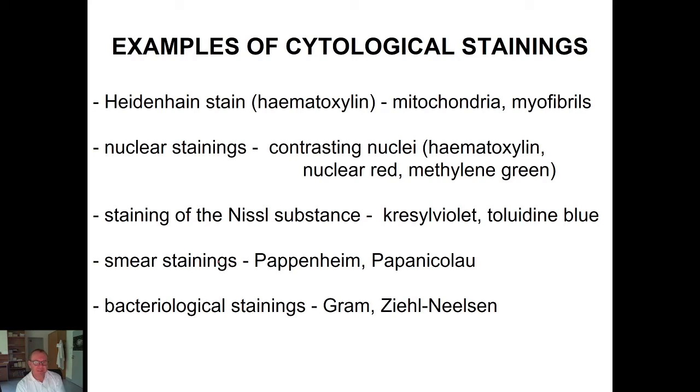synoptic staining. Usually, yes, maybe 90% of specimens are hematoxylin and eosin staining. Then there are several specimens stained by other synoptic methods, like Weigert-Van Gieson or some trichromes. And then there are several specimens where special staining was used.